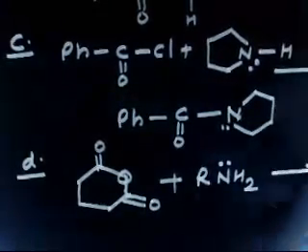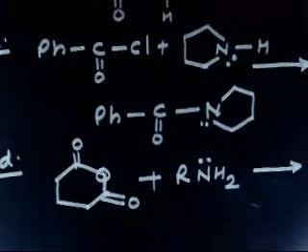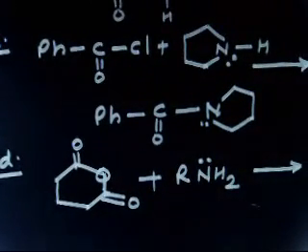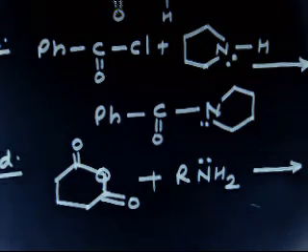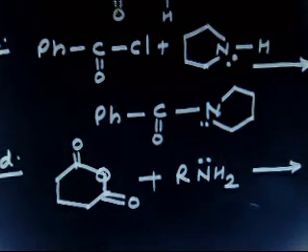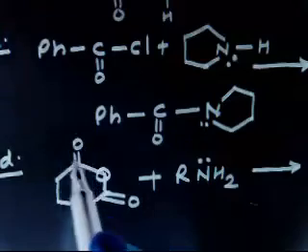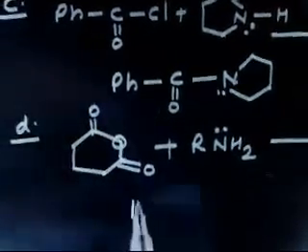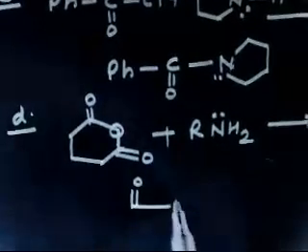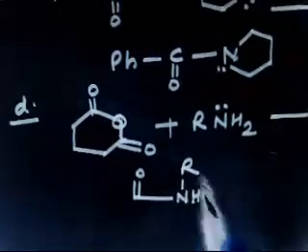I have a lone pair of electrons on nitrogen. So let us give the product in this case. The same steps you have to follow. What you can do is attack this lone pair here, opens up, returns back, and then you remove this one. So you will have double bond O, and here you can have N, H, R. Are you getting or not?